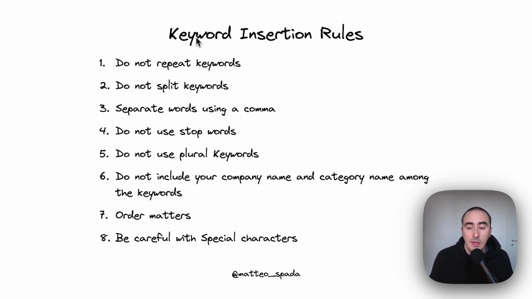In the same way, your category name is also a keyword. I suggest you always choose 2 categories for your app, main category and secondary category, and also don't repeat the name of your category inside your keywords. For example, if my category is developer tools, I don't need to repeat developer tools inside my keywords.